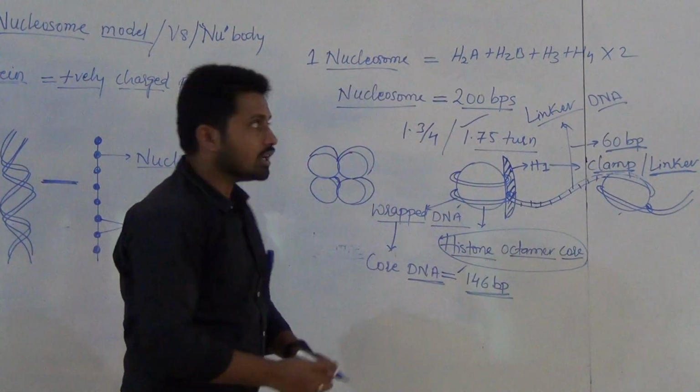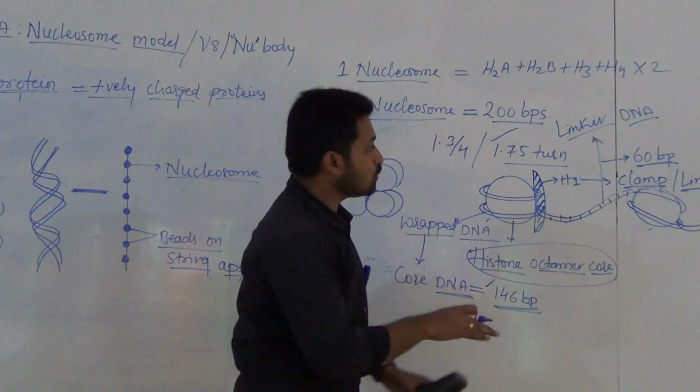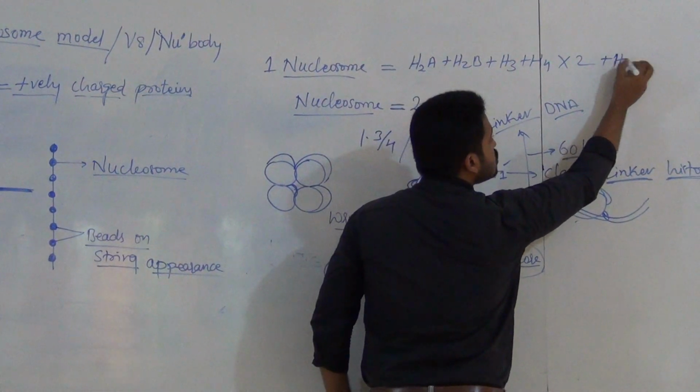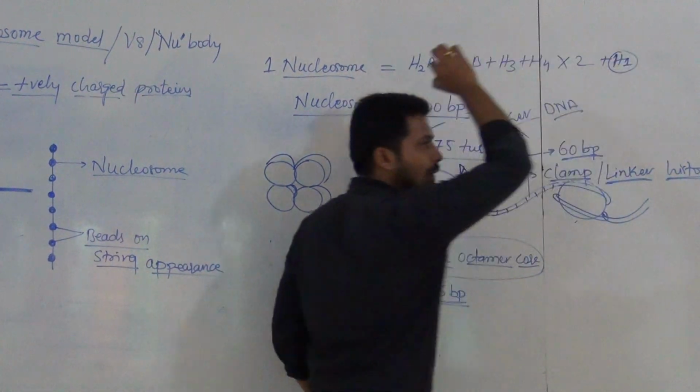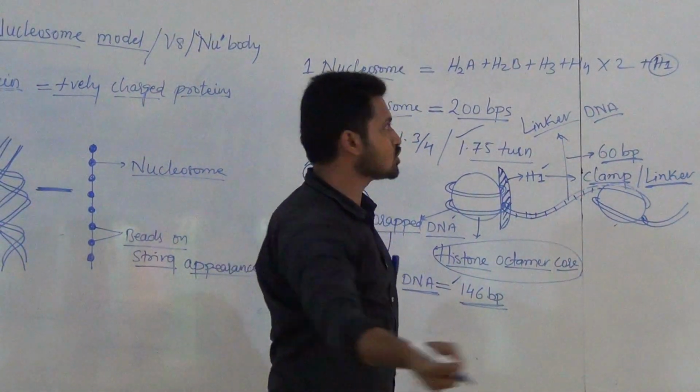Remember, why into 2? Each of them has 2 copies. And after that, what is added here? Again here it is plus H1. I am writing H1 separately because it is not a part of the octamer. I will tell in detail again soon.